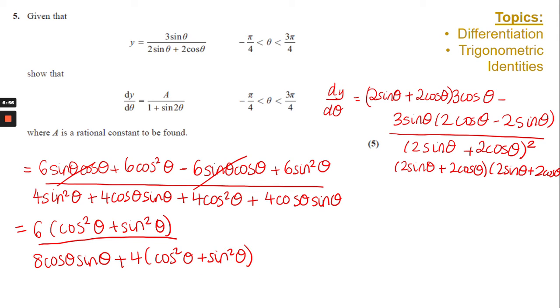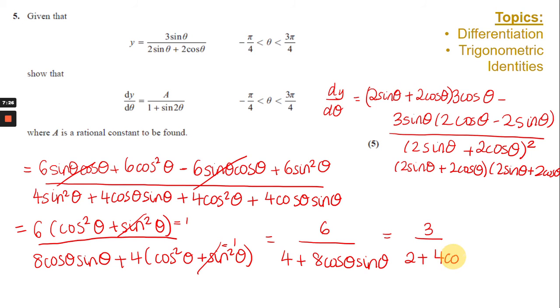Now I know cos squared theta plus sine squared theta is equal to 1, so both of these are just 1, so they can disappear. So we have 6 over 4 plus 8 cos theta sine theta, and we can divide everything by 2 here, so we get 3 over 2 plus 4 cos theta sine theta.